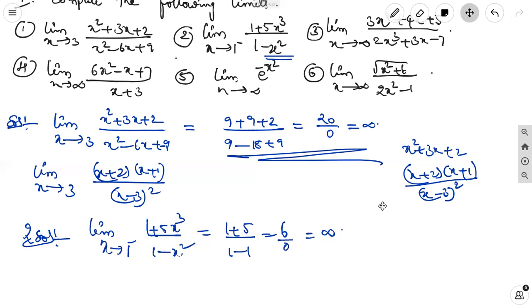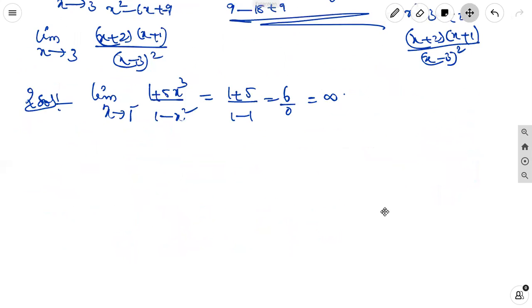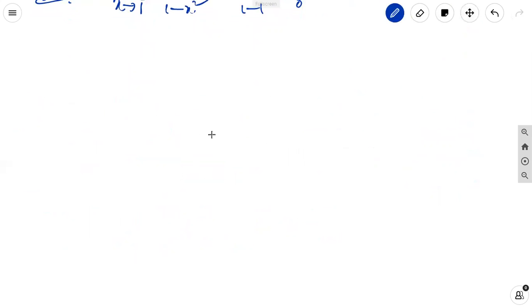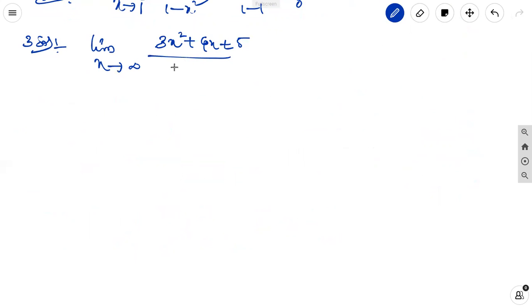The third solution: limit x tends to infinity of (3x square plus 4x plus 5) by (2x cube plus 3x minus 7). Here x tends to infinity they have given. If x tends to 0, we can substitute the 0 value.